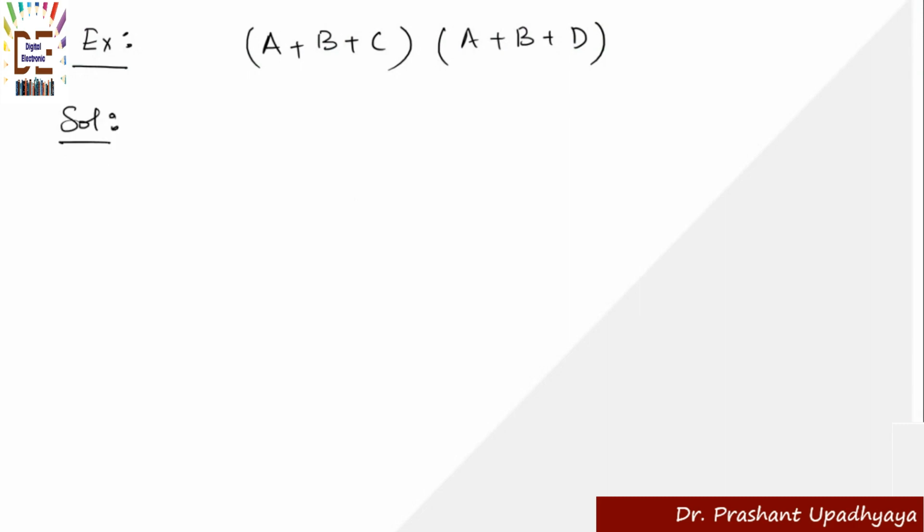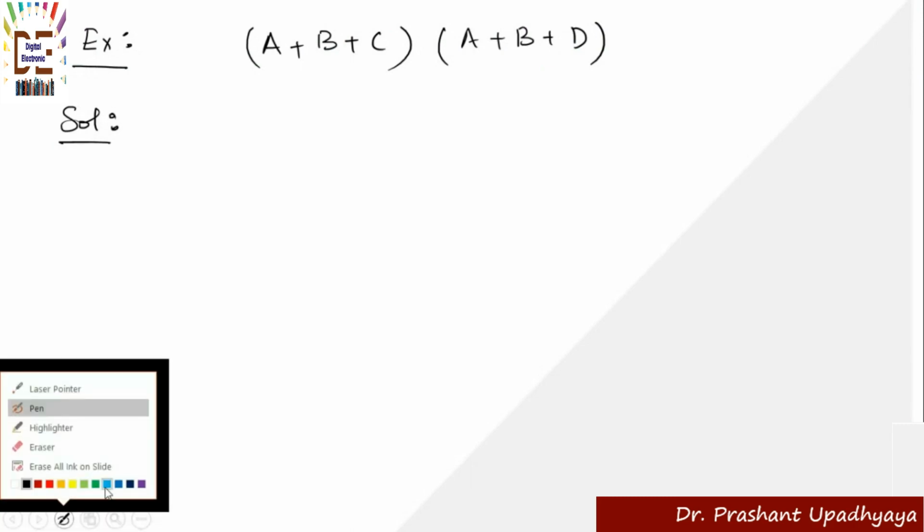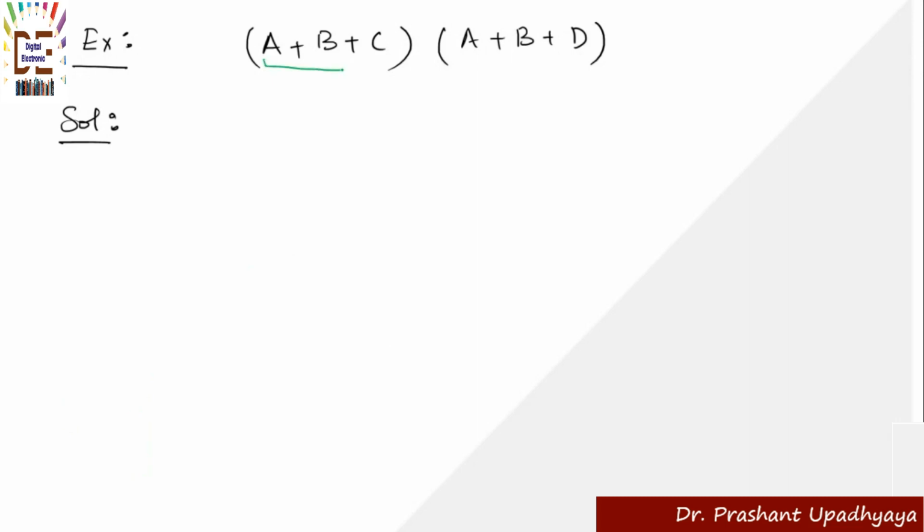If I follow the shortcut method, you can see that a plus b is common in both. So I can multiply these two and I can multiply these two, and my answer should be a plus b plus cd. But you can check whether you get it or not.